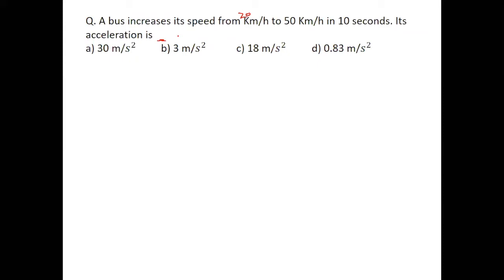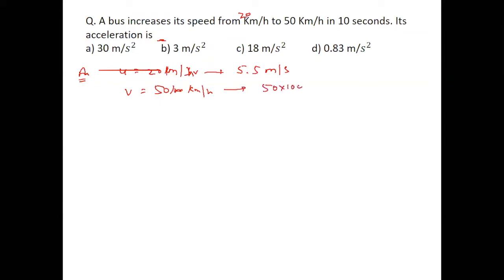Now you have to calculate. u is 20 kilometer per hour, which we calculated in the previous as 5.5 meter per second. And v is 50 kilometer per hour.